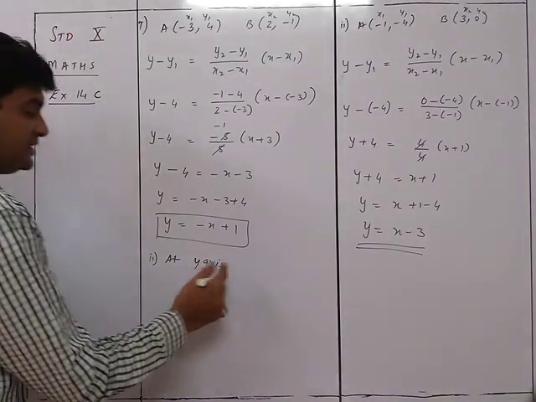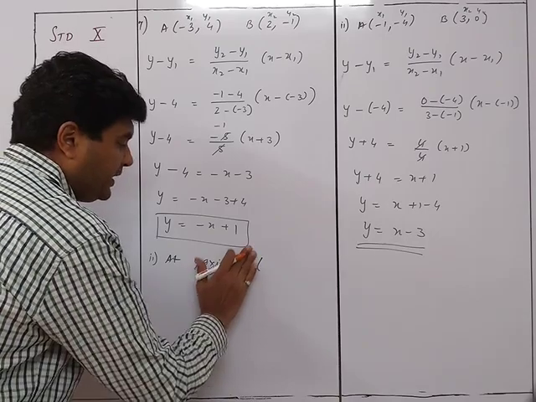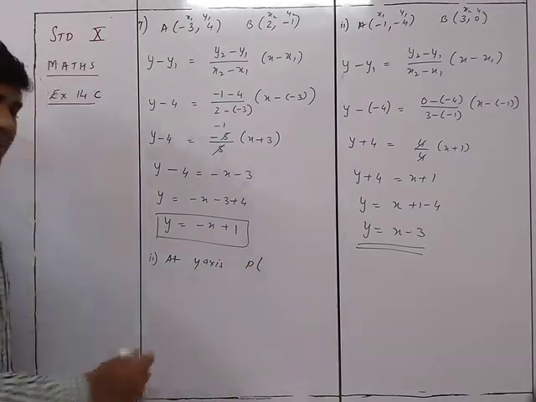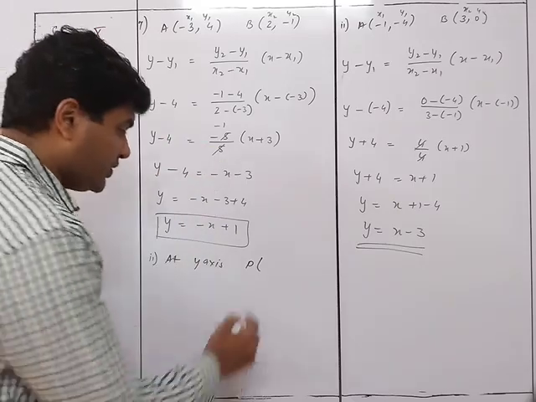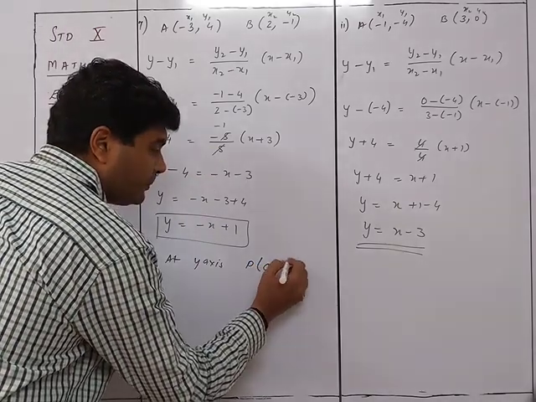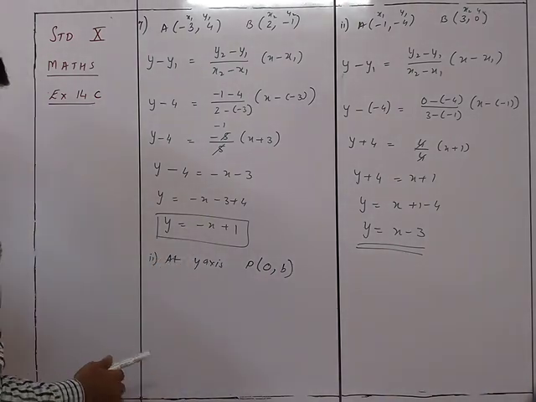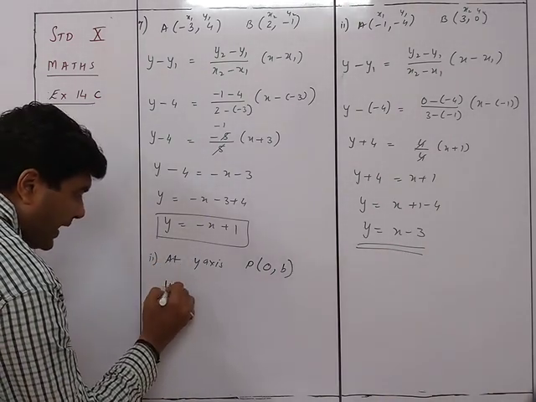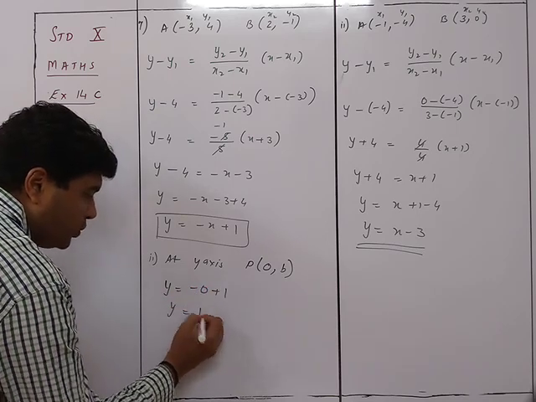So at the y-axis, point A will be given, or we can take it as point P. See what will happen on the y-axis. On the y-axis, my x value is 0, so it will be 0 comma B, right? So if I place this value over here, what will happen? It will be y is equals to minus 0 plus 1, so y is equals to 1.